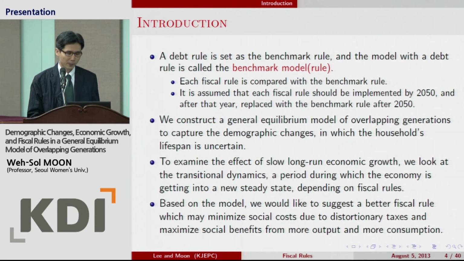So the debt to GDP ratio should be constant after 2050. In this paper, a general equilibrium model of OLG is built up. We incorporate the changes in demographics and a low growth rate of TFP and workforce.